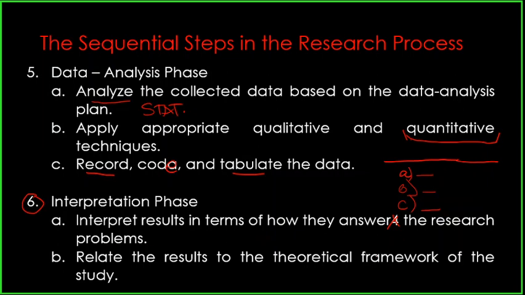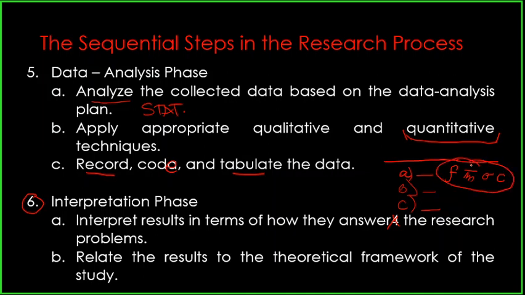Okay, and then you relate the results to the theoretical framework of the study. So, based on your research, let's say you came up with the frequency, siguro the means, and maybe the standard deviation, or your correlation coefficient. What's the meaning of this?